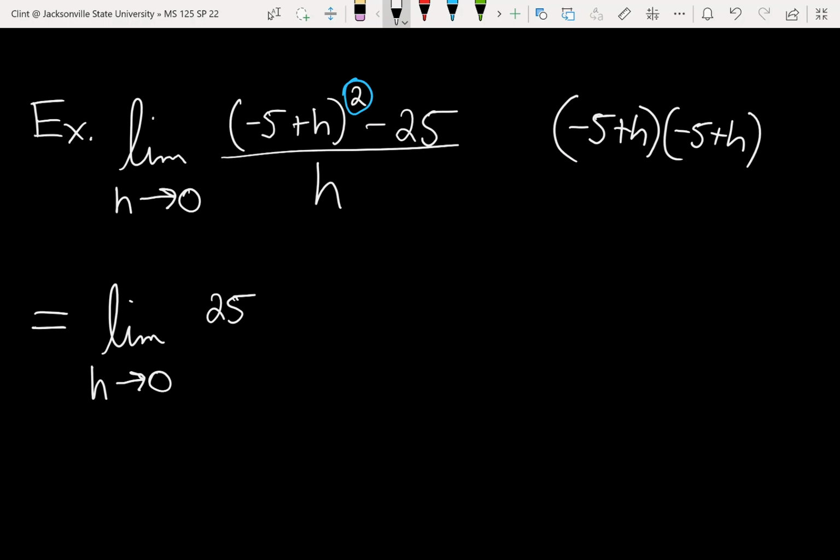You square the first term, and you multiply them together, negative 5h, double that, negative 10h, that gives you the middle term. Square the last term.